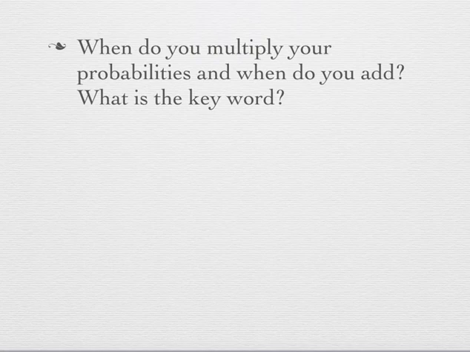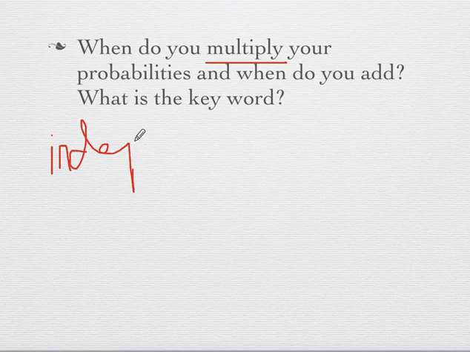Two of those need to be multiplied in order to get the probability, while one of those needs to be added. So what's the keyword? When you say multiply, that means you can use that for independent events and dependent events.